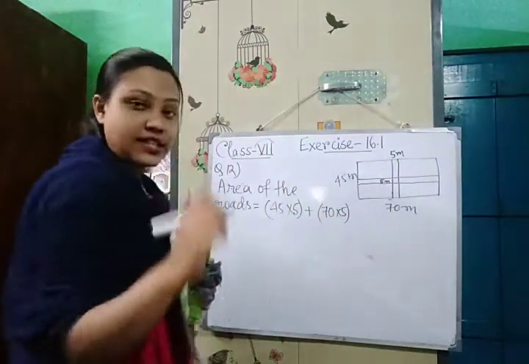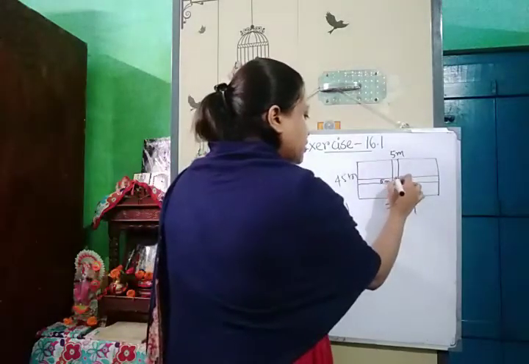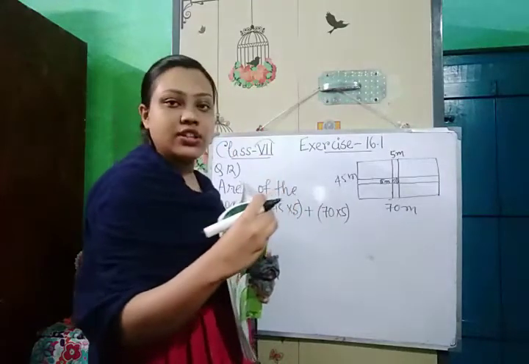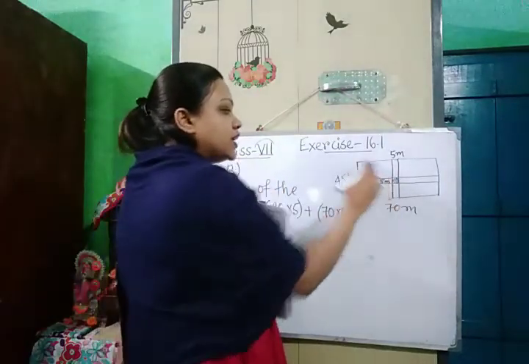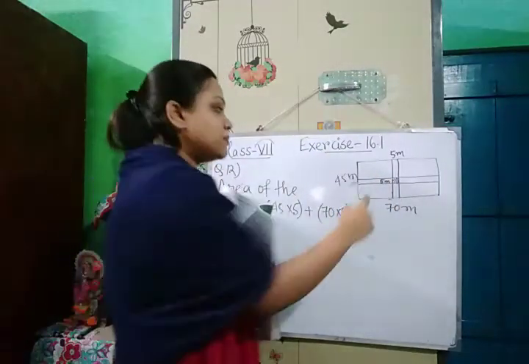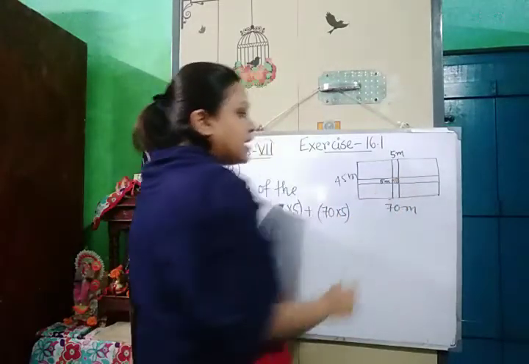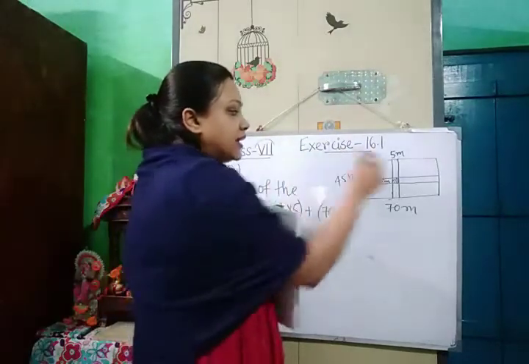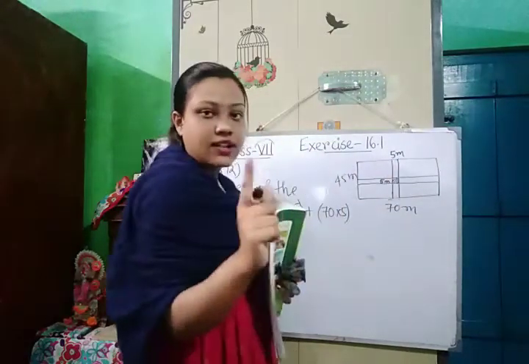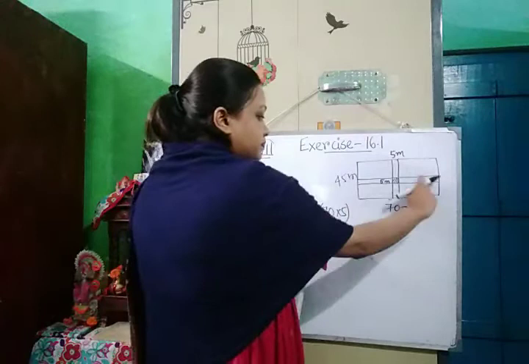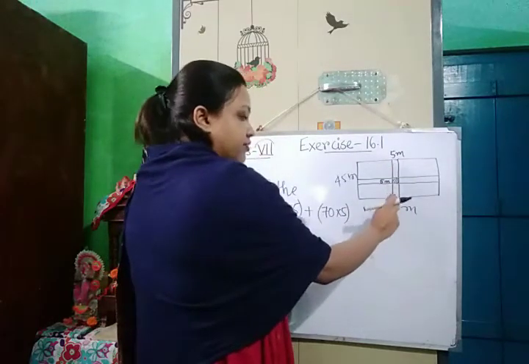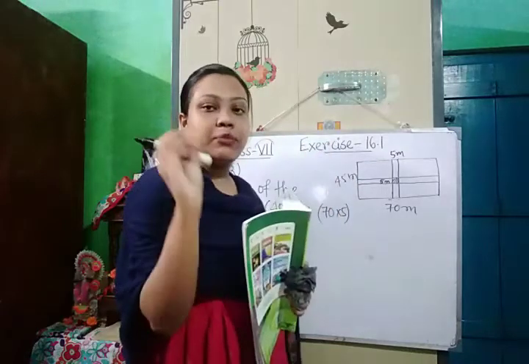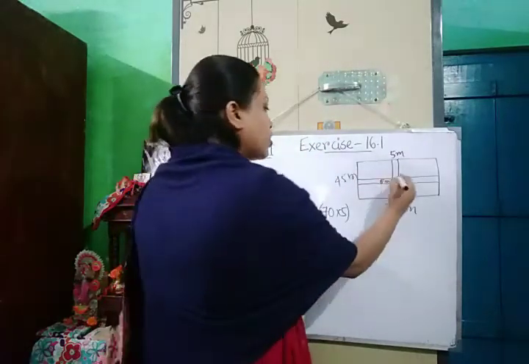But you can see the middle portion in which both roads are crossing or intersecting each other, the area is counted twice. This small area in the middle has been counted twice. So we have to subtract the area of this portion once.